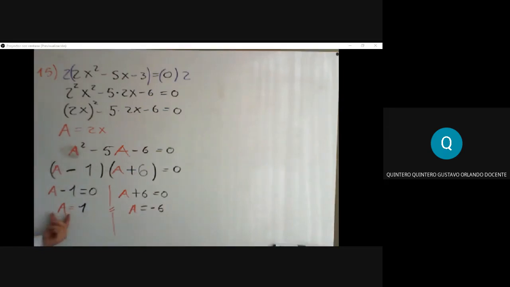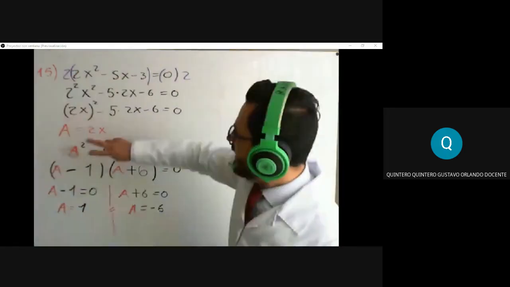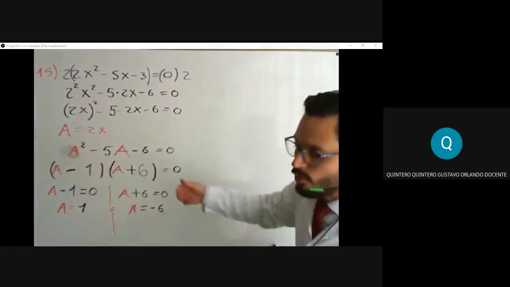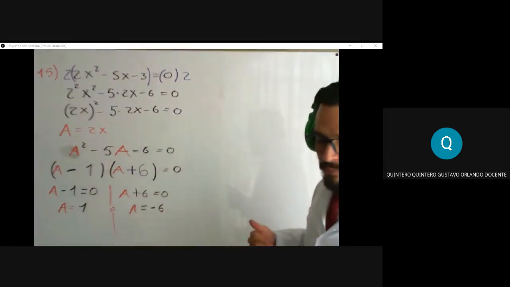But saying that we found the solution of A is not the same as finding the solutions of X. And the main equation had the variable X, not A. That means that just like in this step, we did a change of variable, we have to take back the change of the variable again, right?